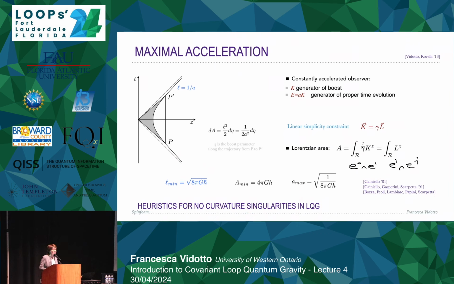And this doesn't matter whether you are doing a space-time that is homogeneous or inhomogeneous, or whether your space-time is isotropic or anisotropic. This is something that you expect to happen always.